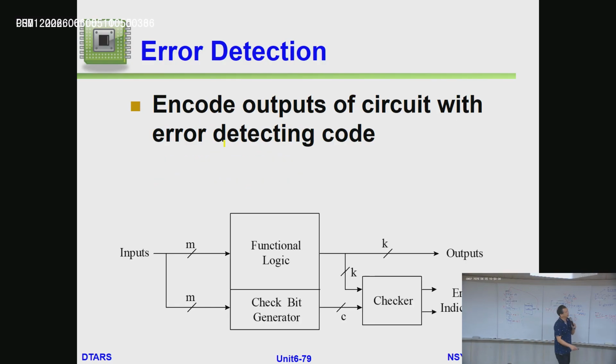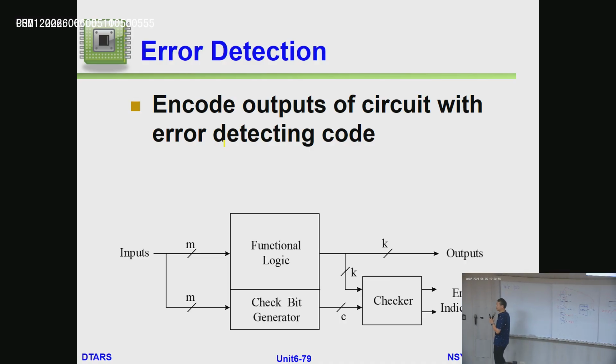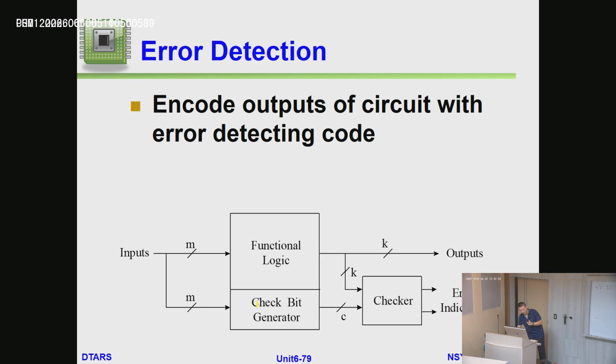So here is one example of how we can add more bits to detect the errors. This is our input to our original functional logic, and usually we will have another circuitry, this one. It is used to generate some additional bits. We call them check bits.